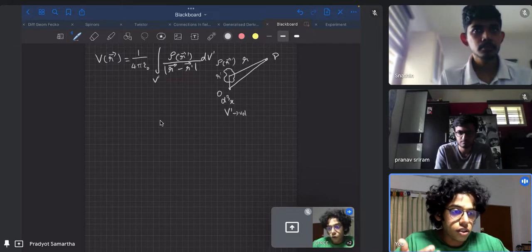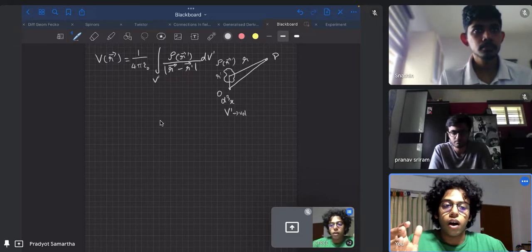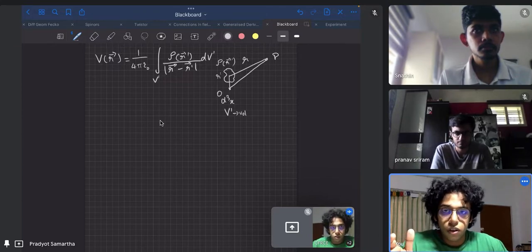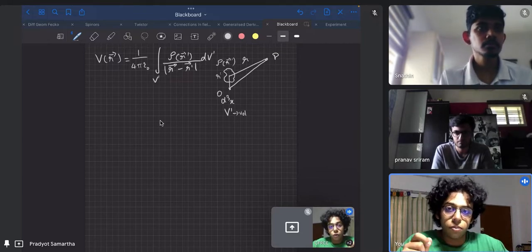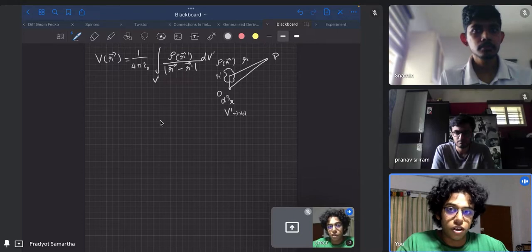For this we need to expand the denominator. That's probably the only way you can go about it. And by expanding the denominator, we find that there is something hidden in it.